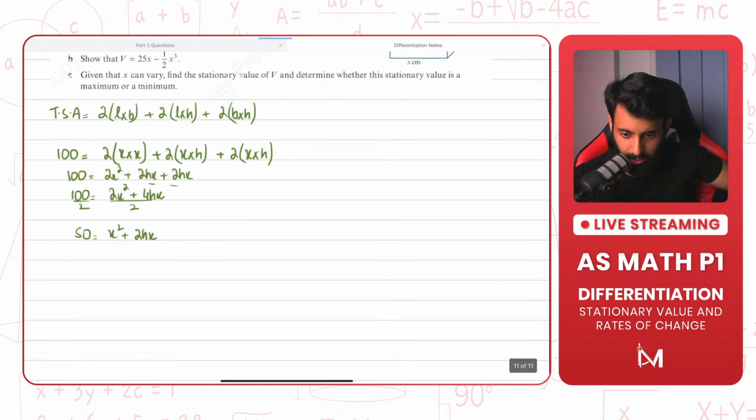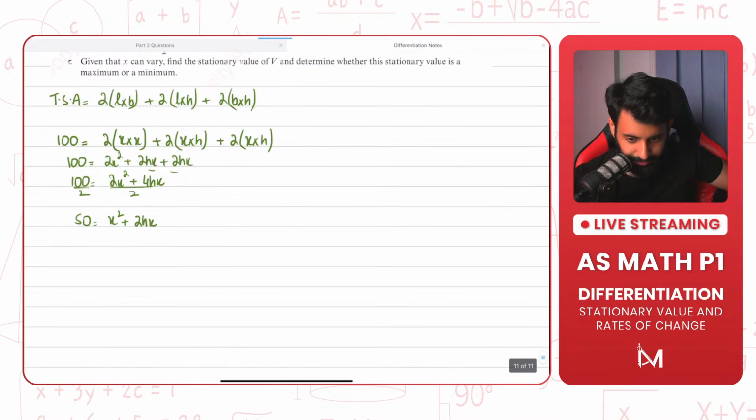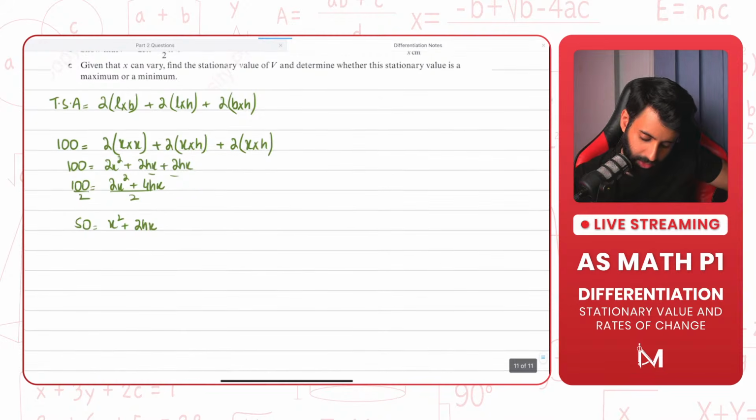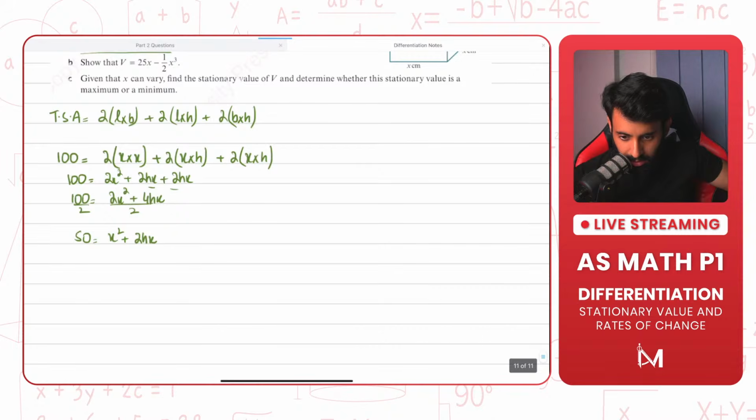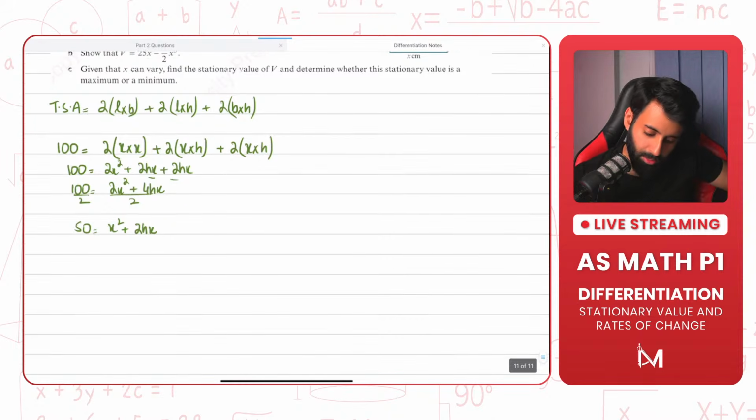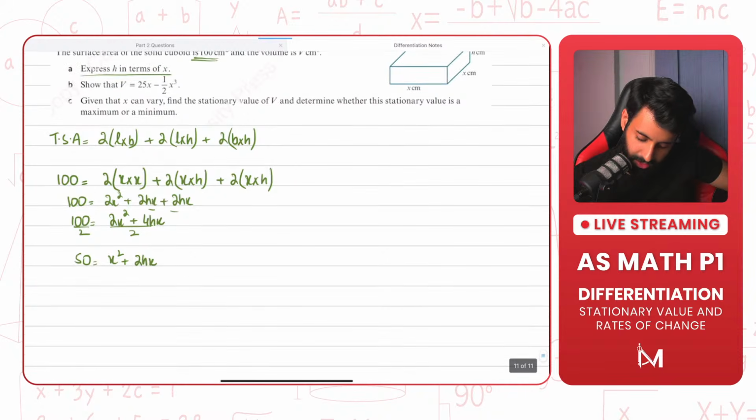Now notice that what we're supposed to do over here is make h the subject. We're supposed to find h in terms of x.